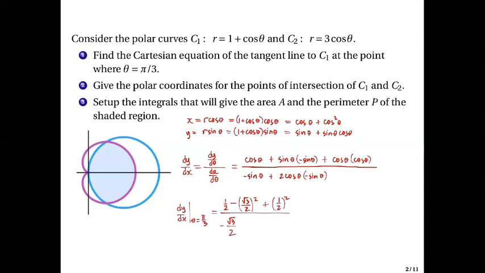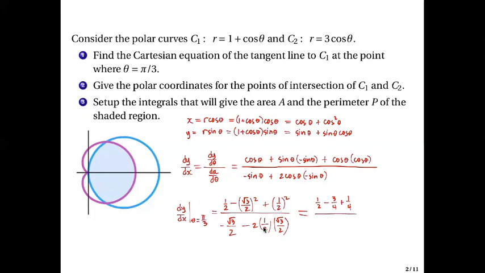And in the denominator, we have negative sine pi over 3, which is square root of 3 over 2, and then minus 2 times cosine pi over 3, that's 1/2, and again sine pi over 3, that's square root of 3 over 2. Now if we simplify this, square root of 3 over 2 squared is just 3/4. So we will have 1/2 minus 3/4 plus 1/4, since 1/2 squared is 1/4.